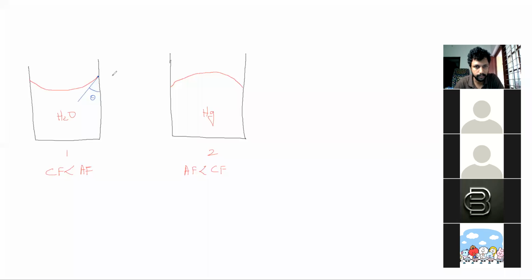Is that clear, students? Angle of contact is the angle made by the tangent drawn from the point of contact of the vessel and liquid to the vessel under the liquid.